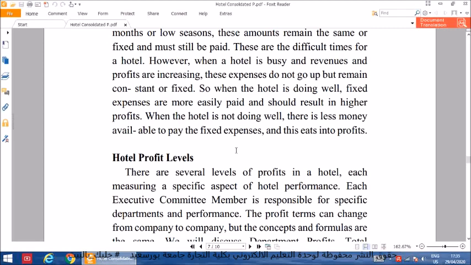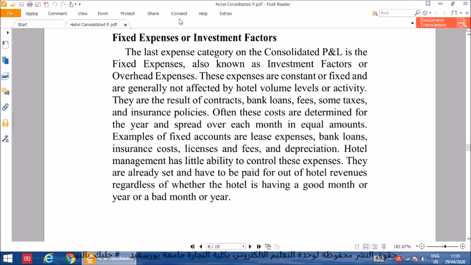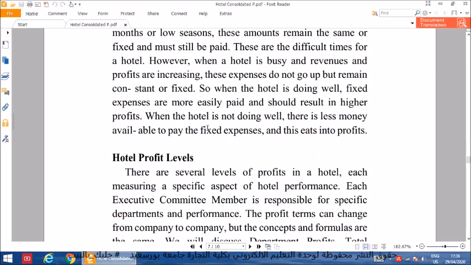As I did mention before, you did study in depth the idea of fixed expense or overhead expenses during the third year in the course of cost accounting. The same idea as you did study before.